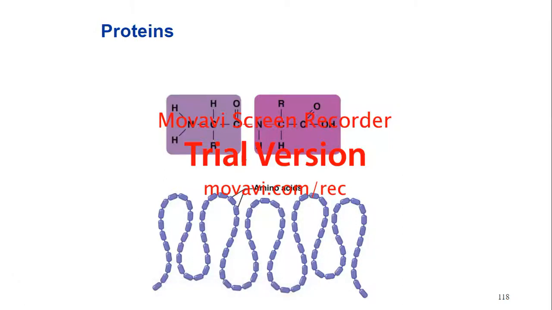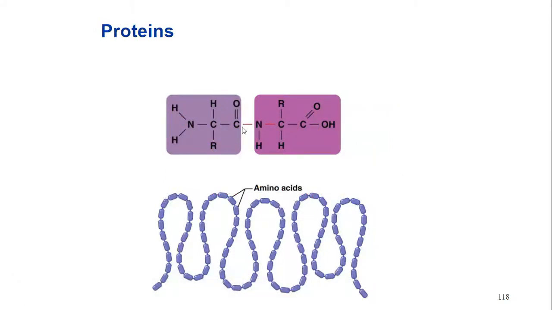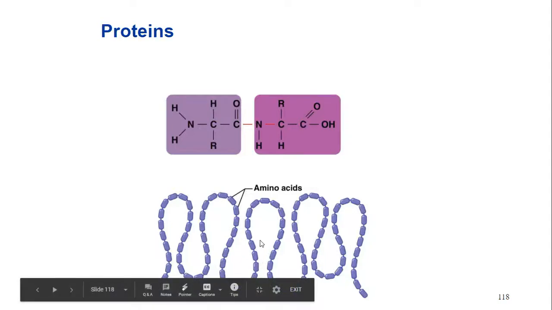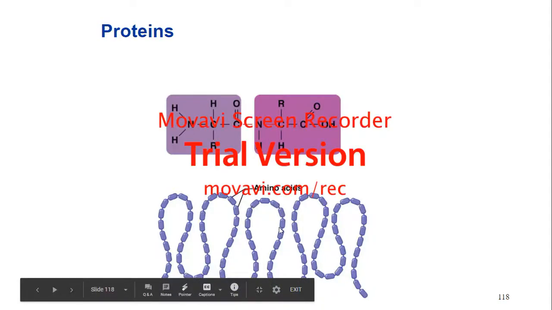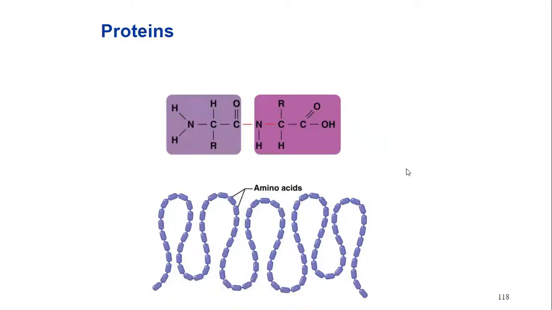So here you go, you've got two amino acids joined together by a peptide bond. But it's going to be many amino acids linked together, and then you see how this chain has folded on itself, so it can be functional.